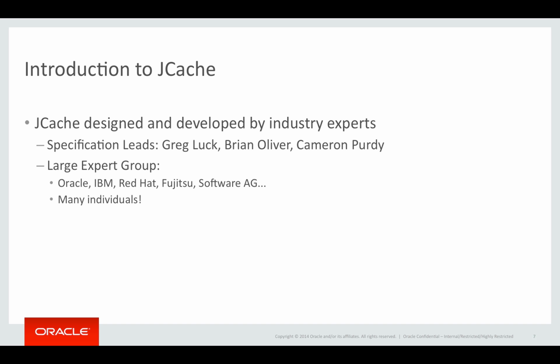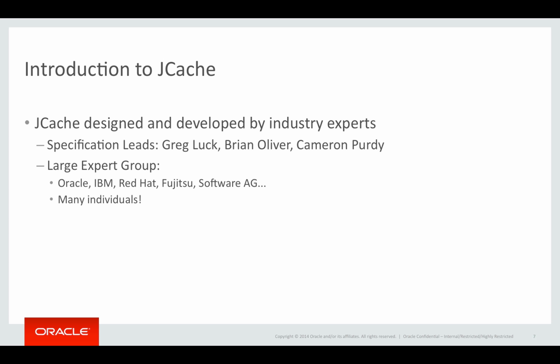Unlike a lot of JSRs, which typically have a single specification lead, JCache was actually developed under the leadership of three people. In fact, many over several years, each with different caching experience in the industry, including myself. Apart from the leads themselves, there are many large and small companies that provided people and resources, each contributing to the development, review, and testing of the specification.